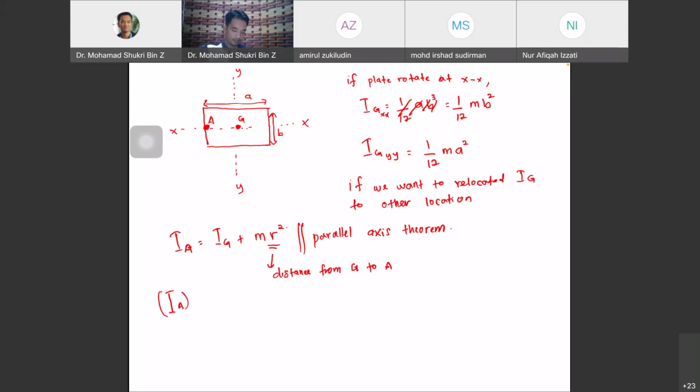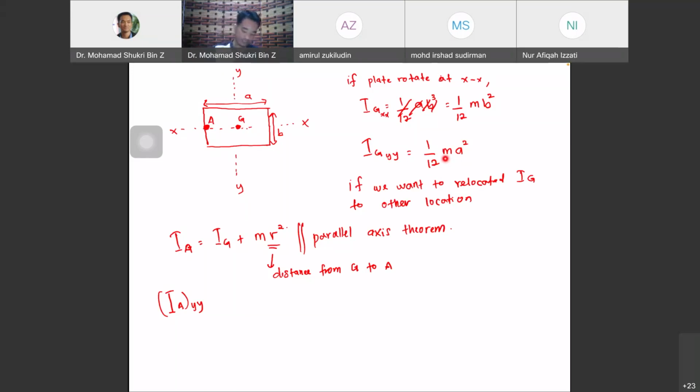We have IG YY from the textbook appendix, which is 1/12 MA squared.